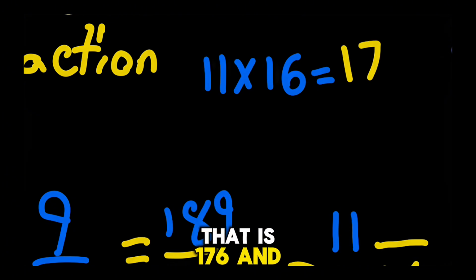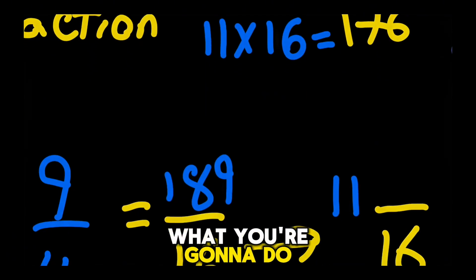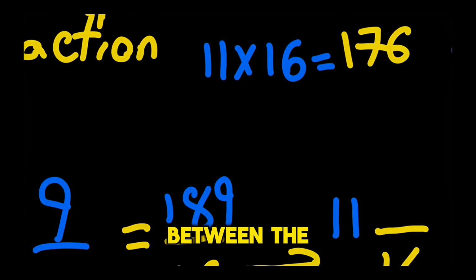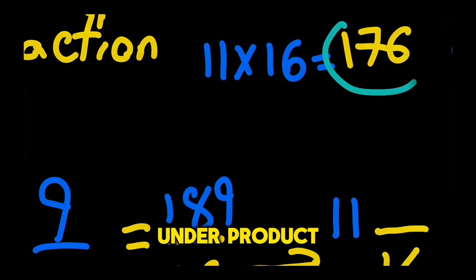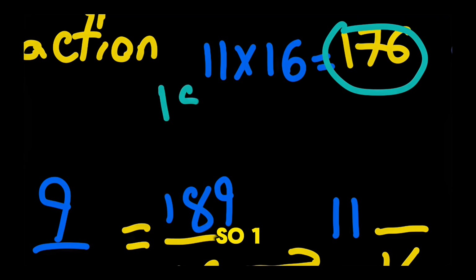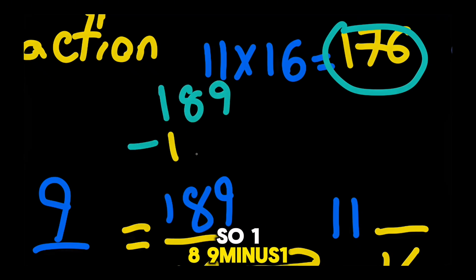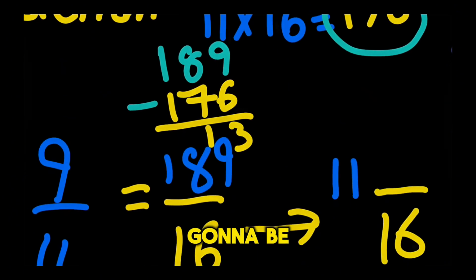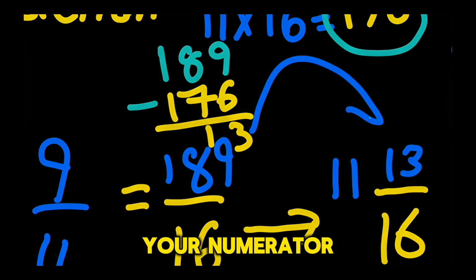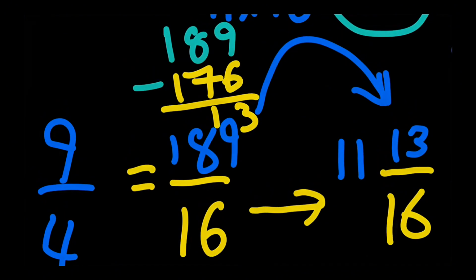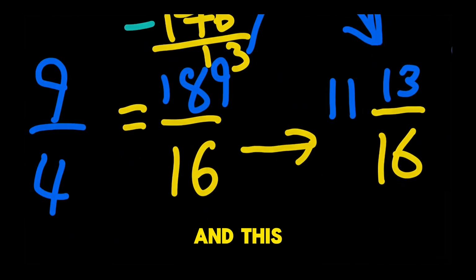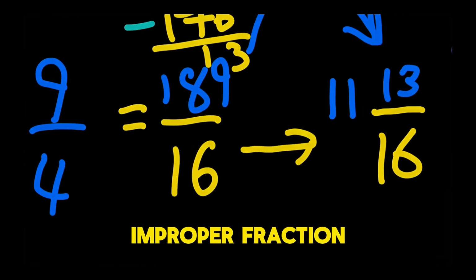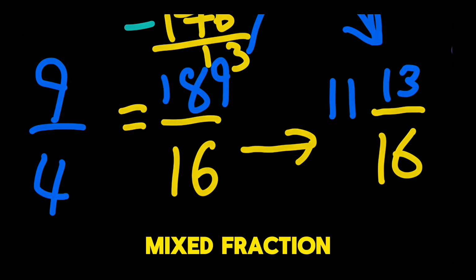That is 176. And then you take the difference between the old numerator and the product. So 189 minus 176, that's going to be 13, and 13 will be your numerator. And this is how you convert an improper fraction to a mixed fraction.